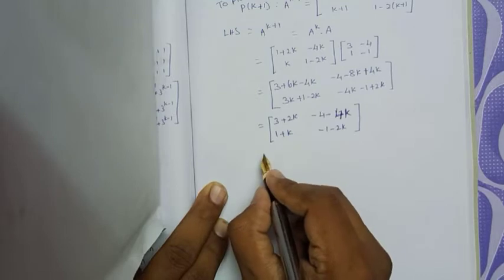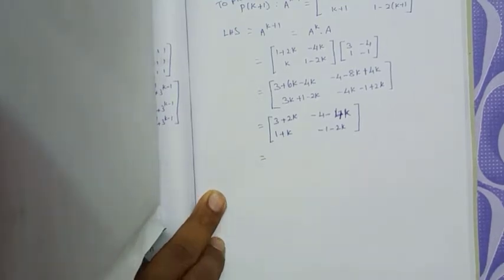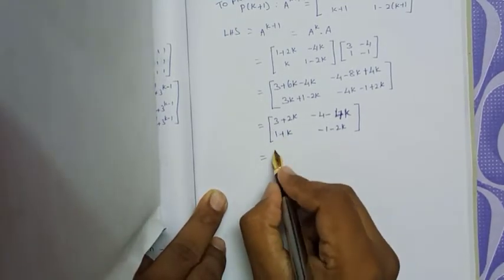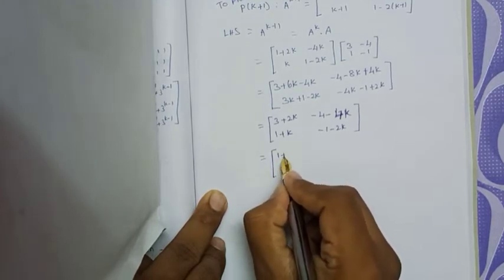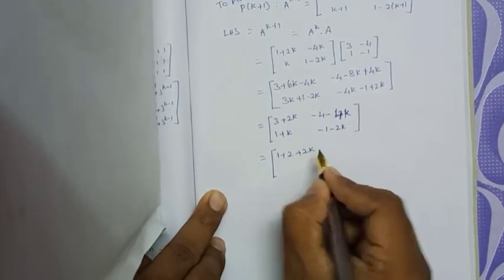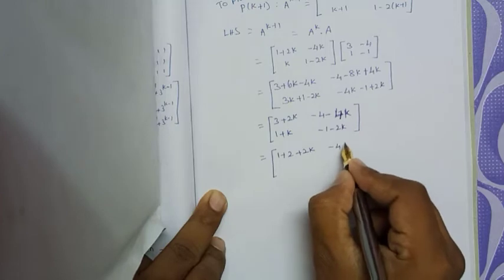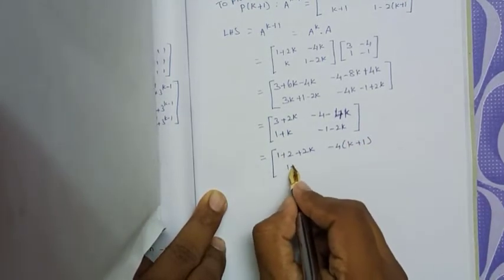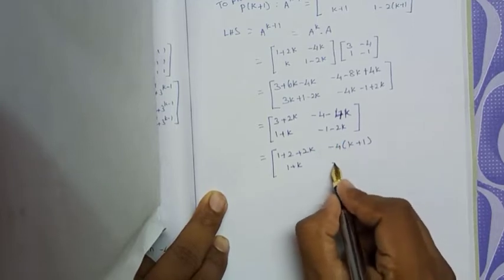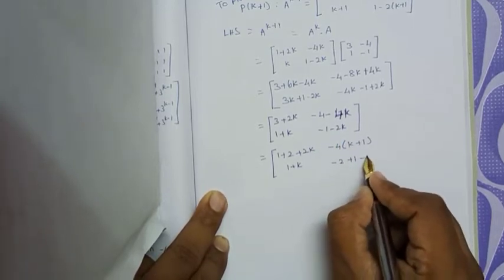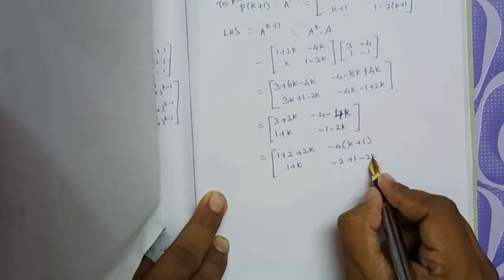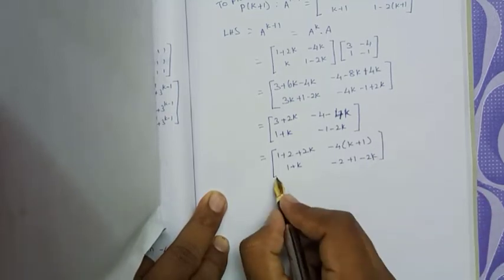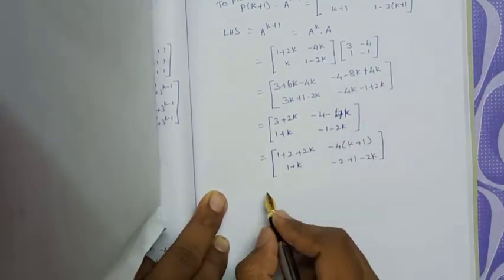Okay, next, we can rewrite the value 3. How can we write? 1 plus 2 plus 2k. Here the minus 4 is common, we take it out, so remaining k plus 1, and here 1 plus k. The minus 1 I rewrite as minus 2 plus 1 and minus 2k. Okay, for proving that result, that purpose only.